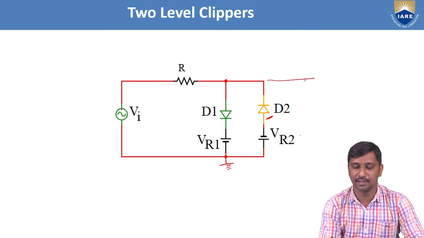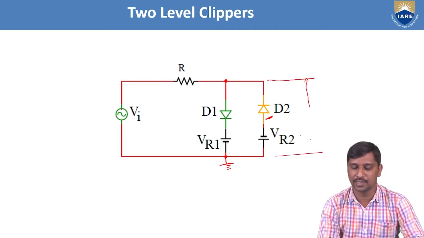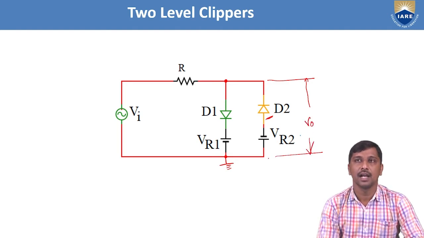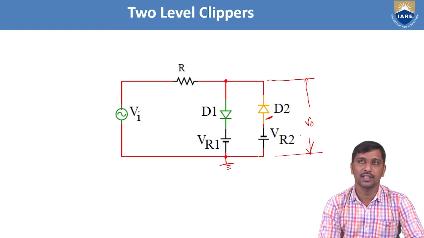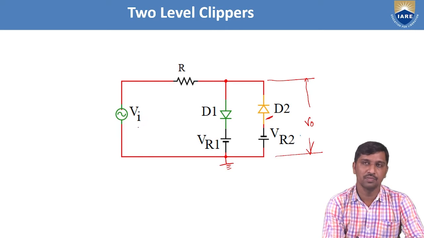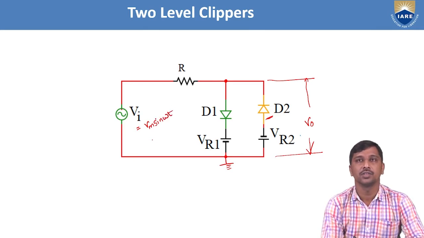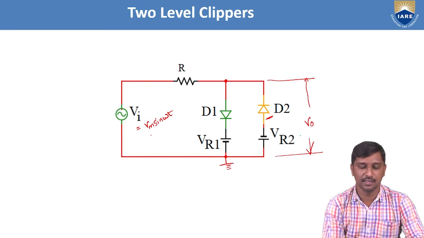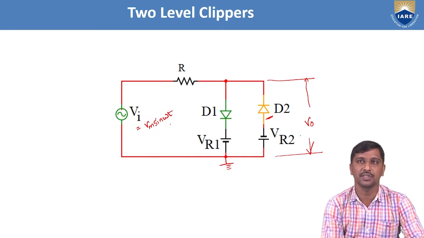Then we observe the response across this parallel node, and this type of clipper circuit is called a two-level clipper. Let us assume the given input signal is represented as Vm sine omega t, so the magnitude is Vm, and it varies linearly with respect to time.